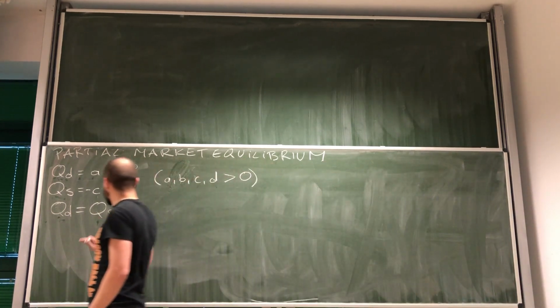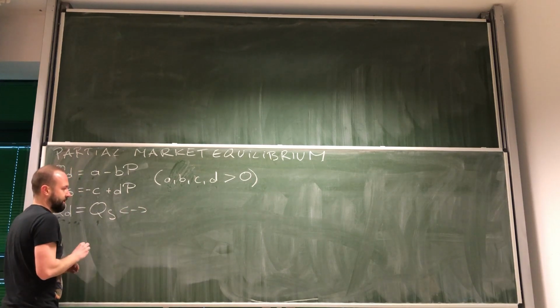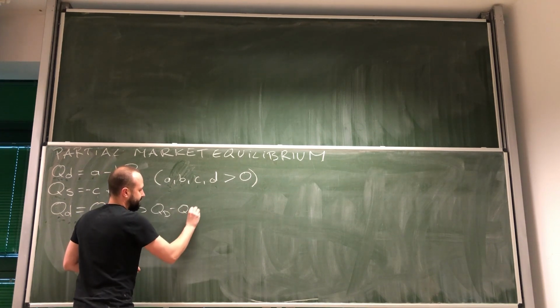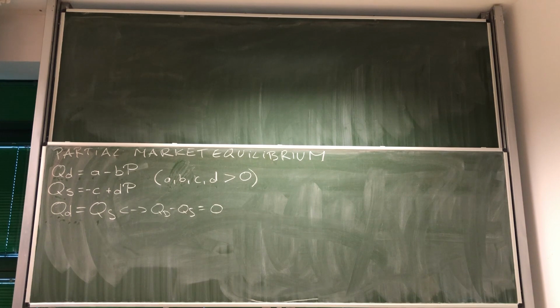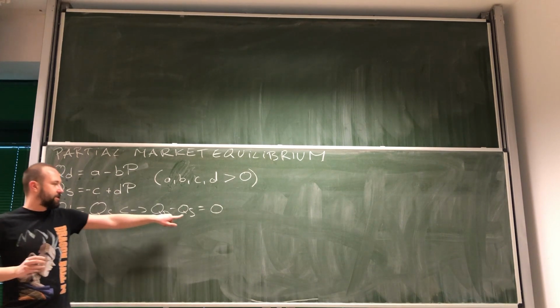Okay, let me just notice a couple of things here. Look, first, the condition that quantity demanded equals quantity supplied is equivalent to another condition, that QD minus QS equals 0. What is this QD minus QS? This is the difference between demand and supply.